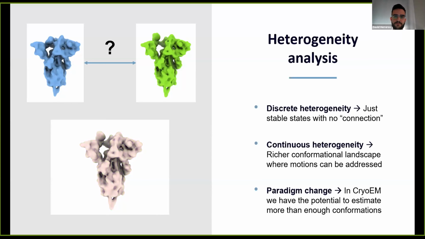And then we have a newer way of analyzing flexibility, which is more advanced, which is the continuous. And here the idea is that we are getting a much larger number of states. And we can not only see the discrete ones, but also we can infer probably some transition or the way the protein is going from state A to state B, for example, as you can see here in the video from this COVID spike.